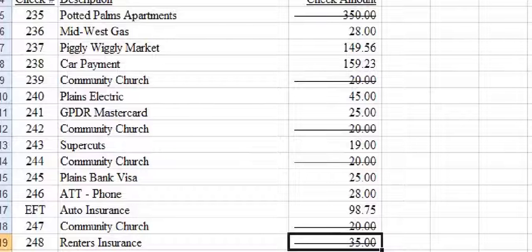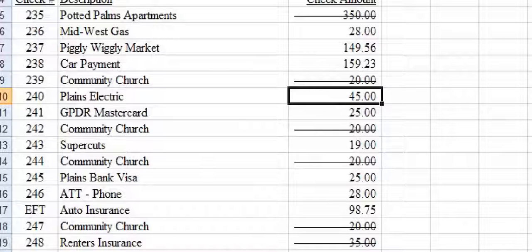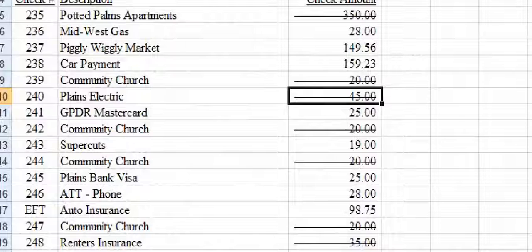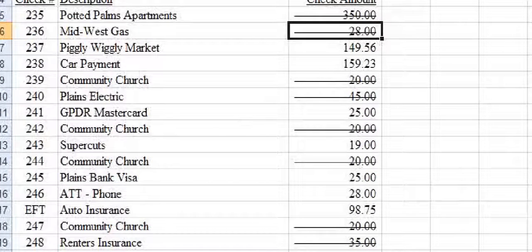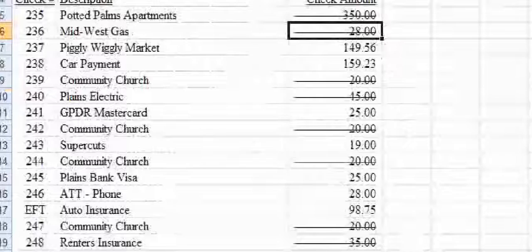However, electricity is included on the list of checks. So we click on that tab, strike out the $45, and enter it on the blank form. The same is true of the $28 for gas. Telephone of $28 is also on the listed checks.